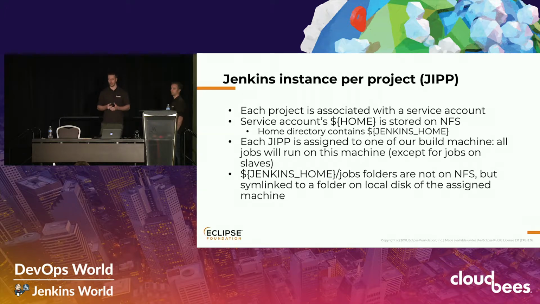This home directory includes the Jenkins home, and each JIP is assigned to a certain machine where the jobs will run, except for when they run on slaves. And the jobs directory is actually not stored on NFS, but instead on the local disk, just for performance reasons.